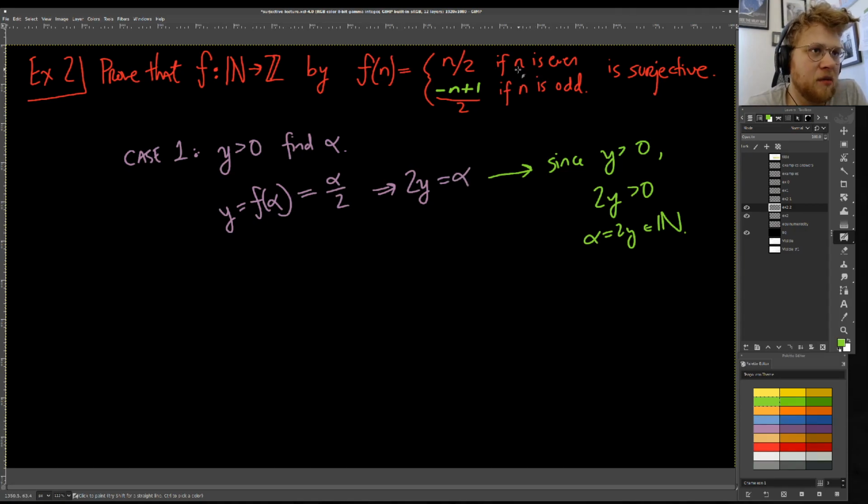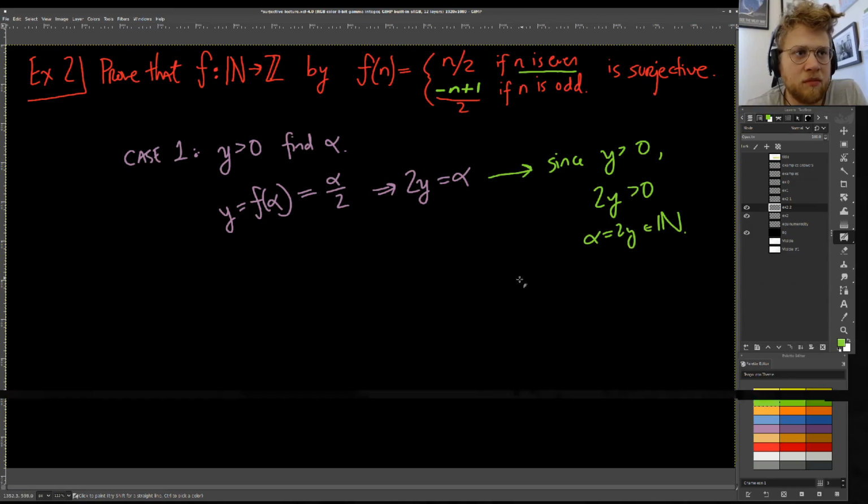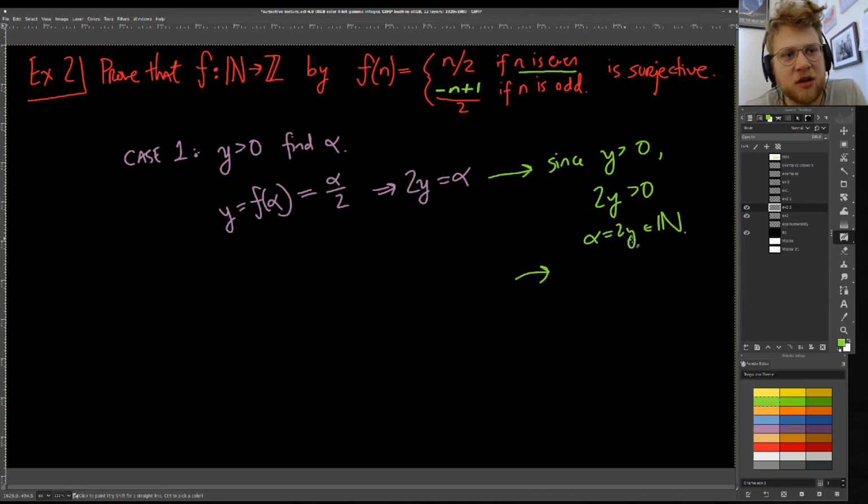But just as importantly, is it actually going to be an even number? Yeah, right? It has the exact form of an even number. If it's 2 times some integer, then alpha will be an even number. So we know plugging into the function will actually work as intended.